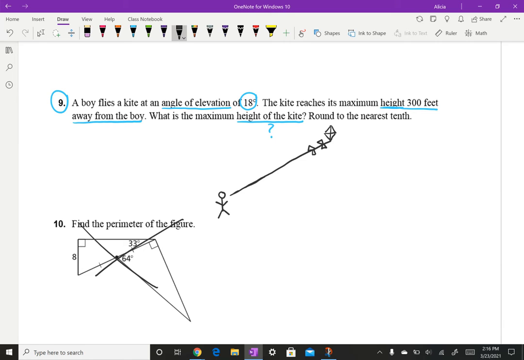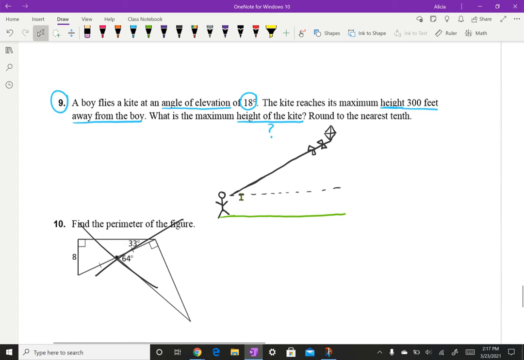And then we also have the line of sight here, which is going to be parallel to the ground. The angle of elevation is the line of sight upward. We also have the line of sight straight, if the person was looking straight. Now, they're saying the boy flies a kite at an angle of elevation of 18 degrees. So that 18 degrees represents, in comparison to this straight horizontal line of sight, how much upward they're looking.